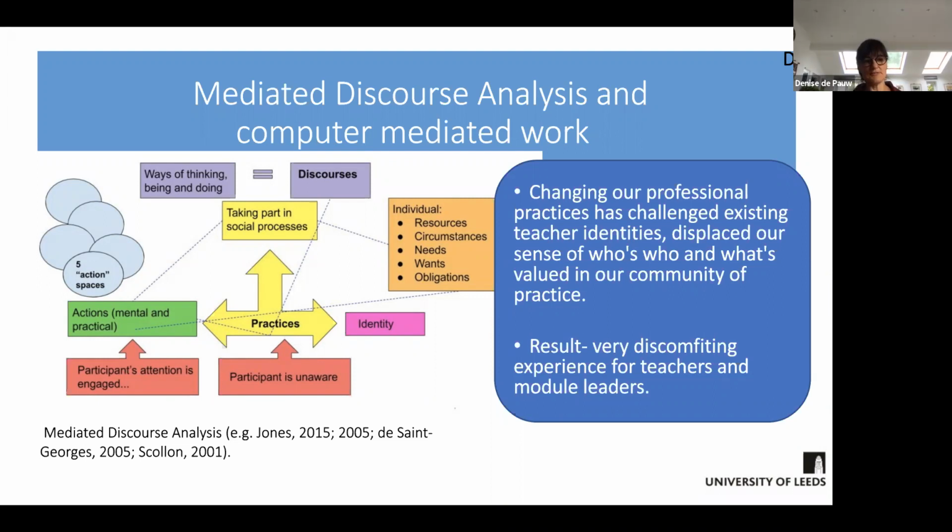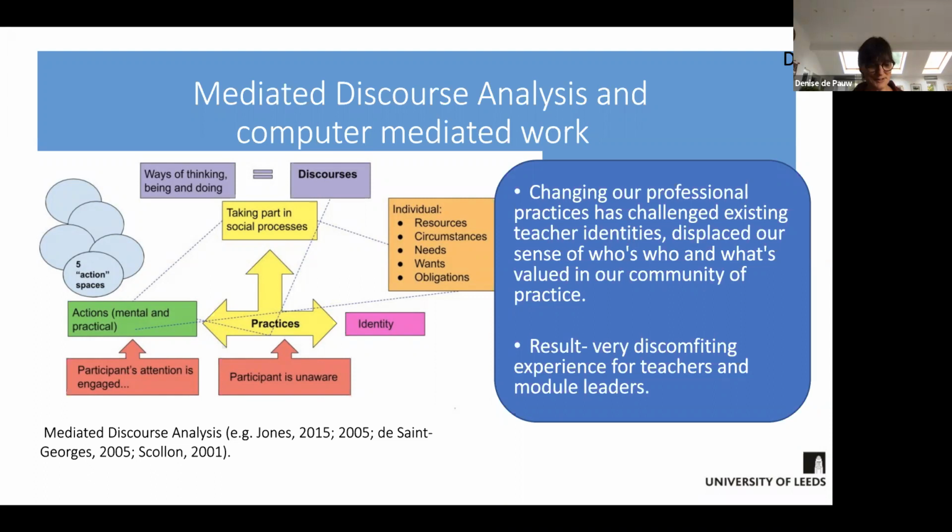And if we focus now on the idea of actions, actions are the components of a practice. We can break a practice down into a sequence of actions which, if they're performed correctly, are recognizable as practices by other people for whom those practices are the norm.